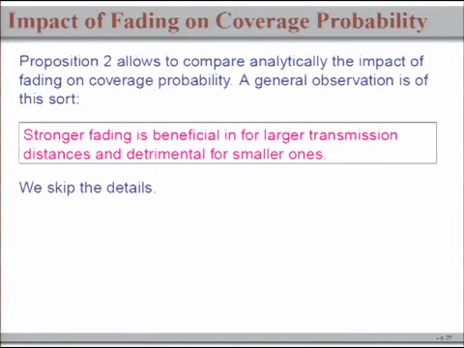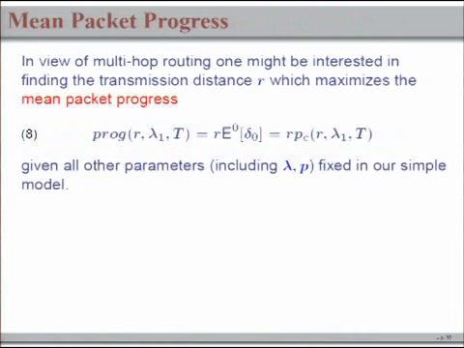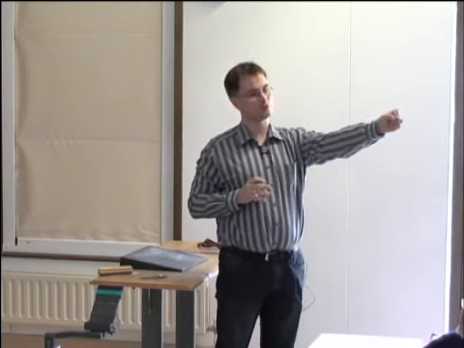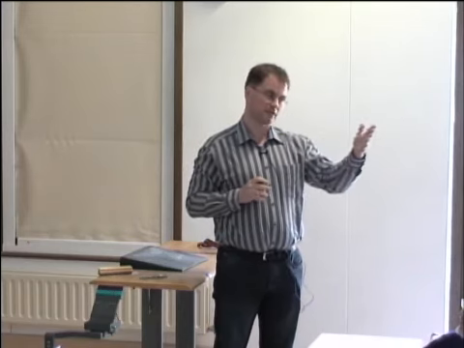So maybe it's obvious, but we are able to produce evidence of this fact. And then you can always study other interesting quantities, like for example, what is the mean progress of the packet? So my packet, if I'm sending something to my receiver, progresses either distance r when the communication is successful, or nothing if it's not successful.